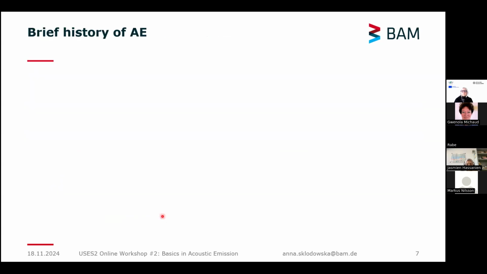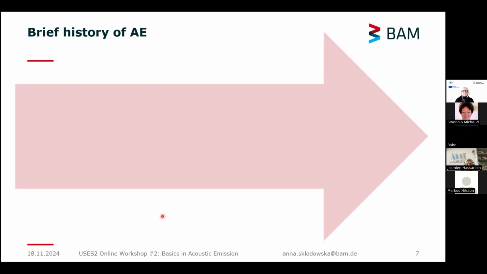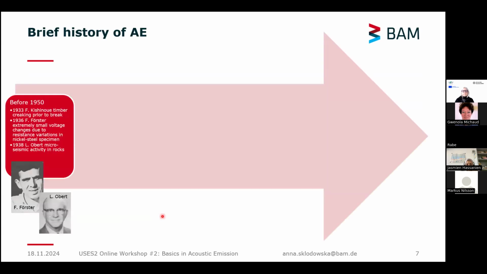I'm not going to go super deep into history, but just give you a quick overview of when the study started, how it started and from where. It is considered that acoustic emission technology began to be investigated in the middle of the 20th century.